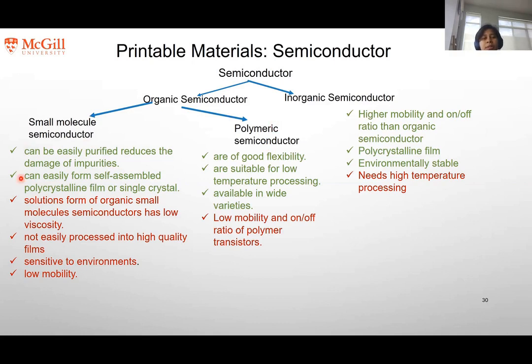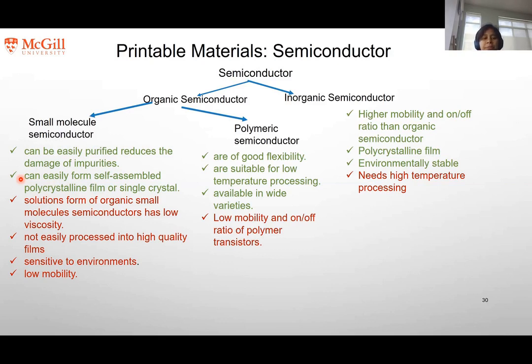The great benefit of small molecule semiconductors is they can be purified very easily. They can make a very nice polycrystalline or single crystalline film, and that's what we want in a semiconductor layer. We don't really want amorphous. We want polycrystalline or single crystal.